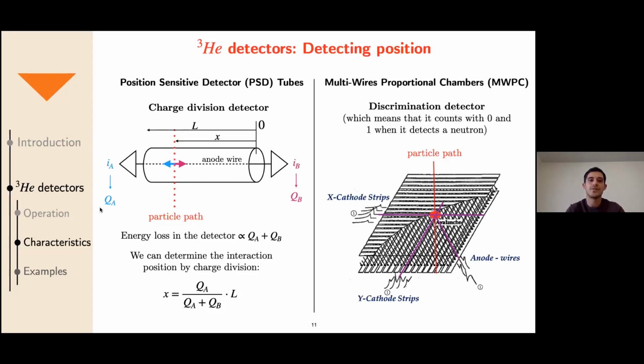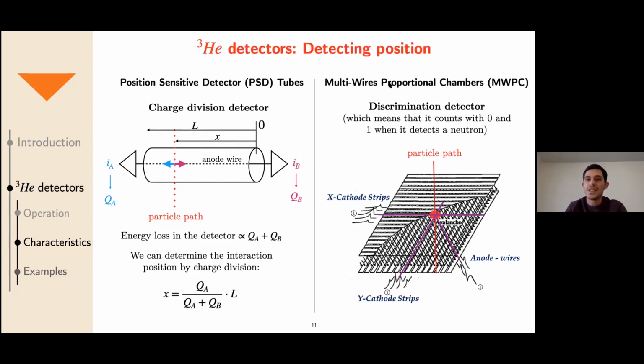And so we have access to the charges, QA and QB. And then we are able to localize the collision site, X, which is a ratio of the charge times L, where L represents the length of the tube. And so this is why PSD tubes are charge division detectors.